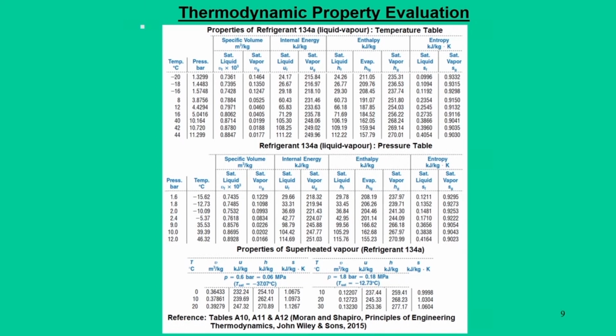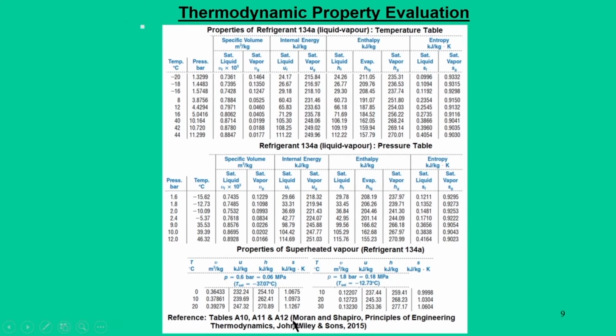In that water-steam property evaluation, we have properties based on the temperature table and on the pressure table. But here the working fluid is a refrigerant. So, let us talk about one particular refrigerant, very common nowadays, refrigerant 134a, and for it we have similar property tables available in books.